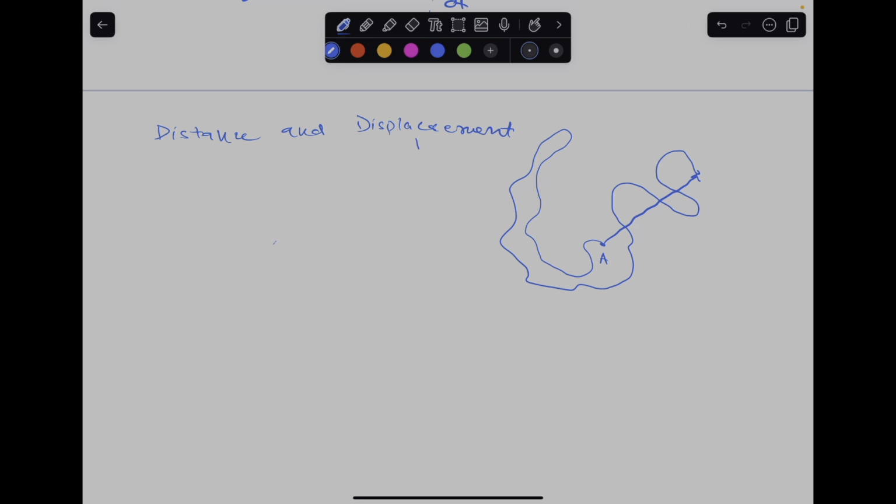The shortest distance between the 2 points along the line, which is from A to B, is your displacement. Shortest distance along a straight line.